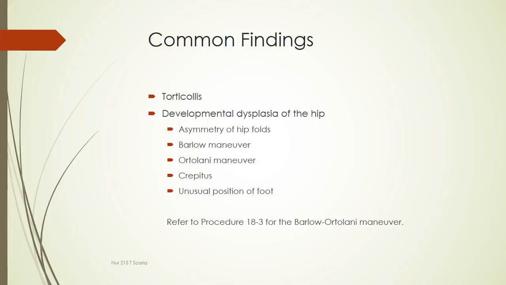And another thing is developmental dysplasia of the hip. You have to assess for any asymmetry of the hip folds. That could be a sign that there is developmental dysplasia of the hip. Then two other tests we do are Barlow's maneuver and Ortolani's maneuver. In Barlow's maneuver, you are flexing the knees almost to 90 degrees, and you will apply pressure down on the femur to dislodge the femur from the acetabulum.